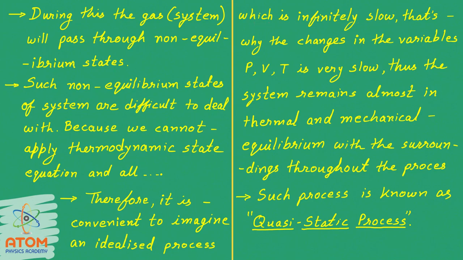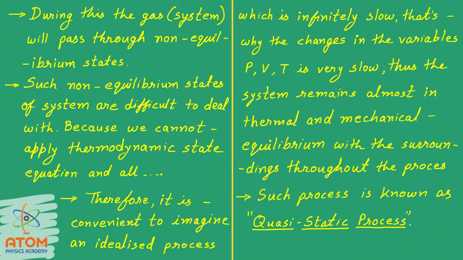Are you getting this? We have to imagine a process which is obviously an idealized process, in which the process is taking place very slowly, infinitely slowly. Alright? That's why the changes in the variables like P, V, T are very slow. Thus, the system remains almost in thermal and mechanical equilibrium with the surroundings throughout the process.